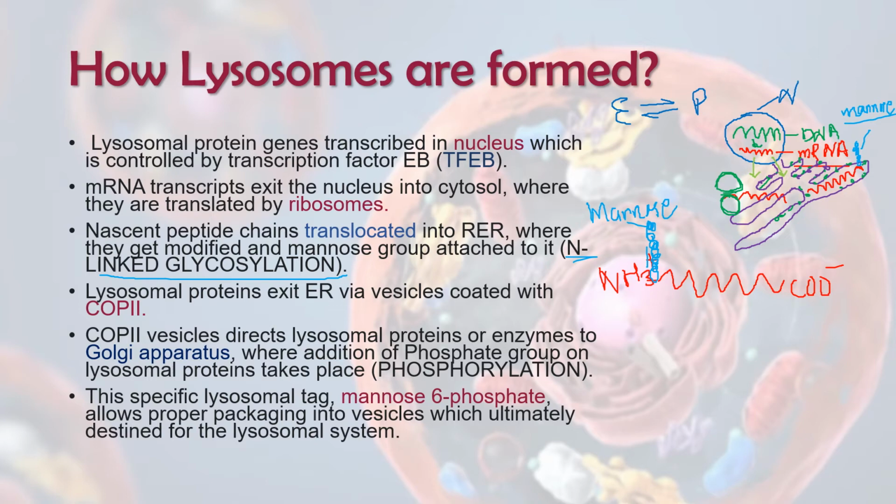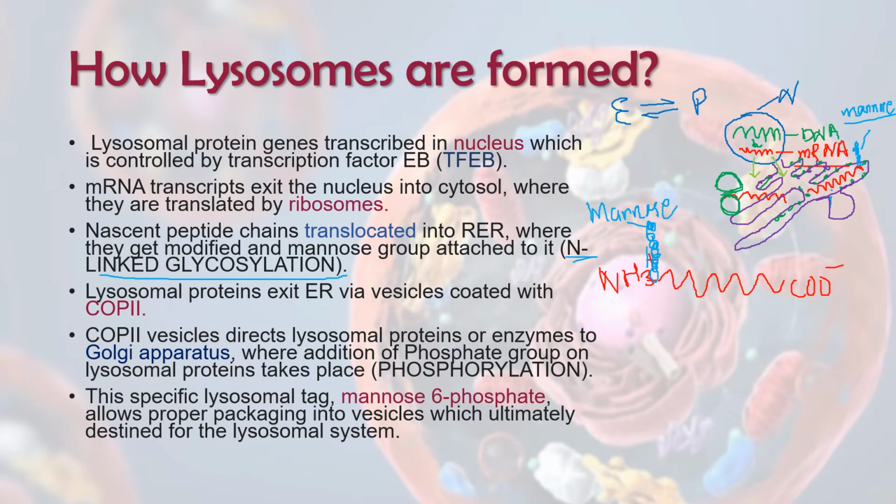Now from the RER, this is budded off. Wait. This protein which is tagged with Mannose is budded off in the form of vesicles, containing peptide with added Mannose.